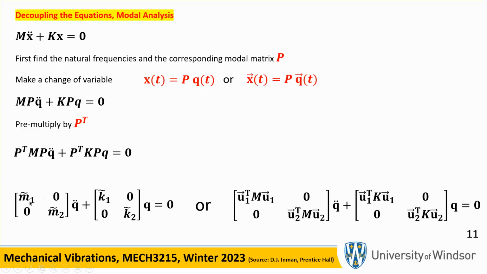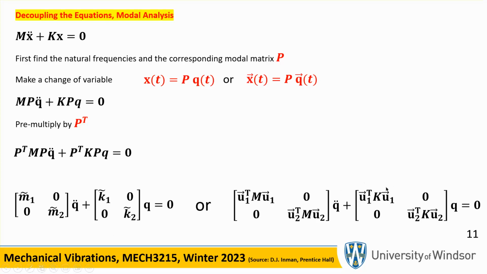In the long way, if you want to write these things in terms of U1 and U2, it's right here. This number was that number. This number is this number. This is the first modal mass right there. This is the second modal mass.